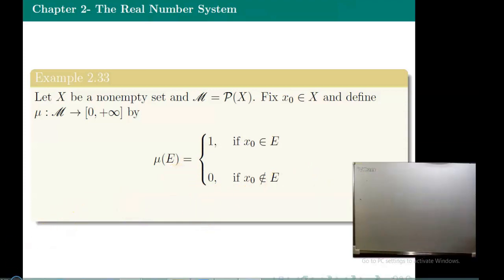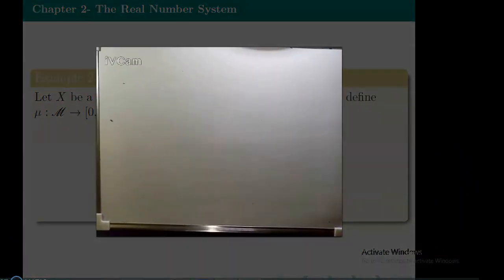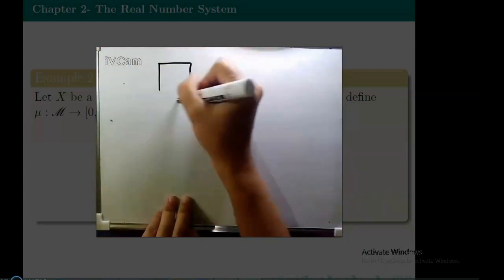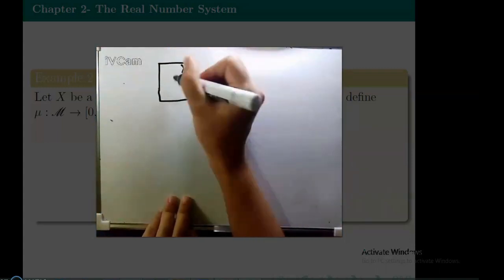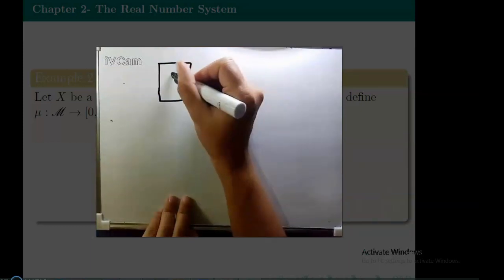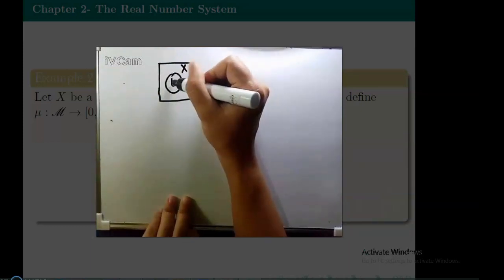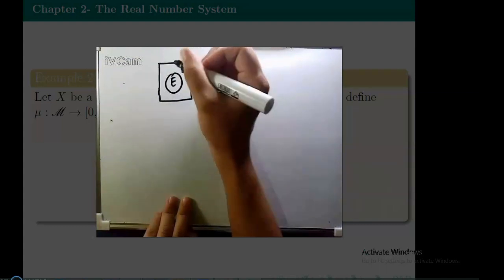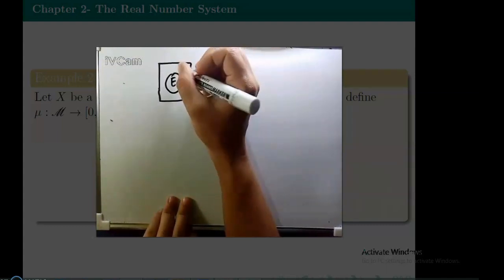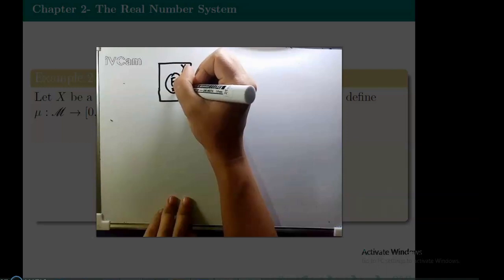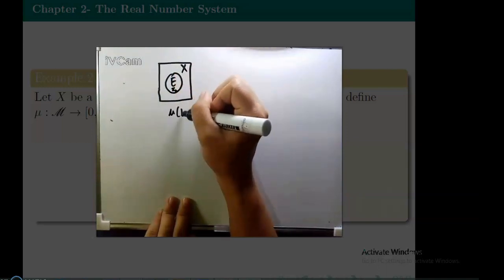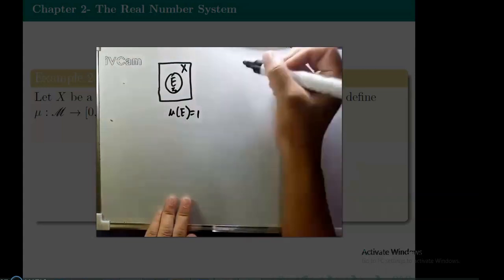Now, to illustrate this function, let us consider this. Say we have here set X, and this is our set E. If x sub 0 is here in E, it means mu of E is 1.